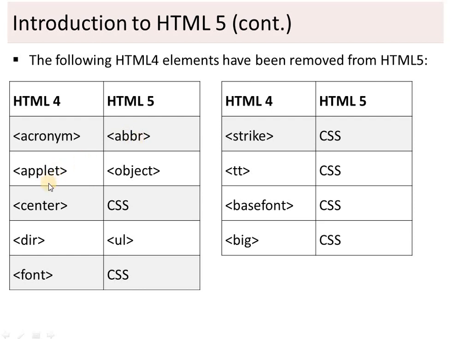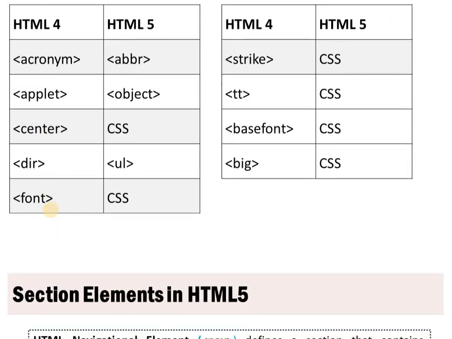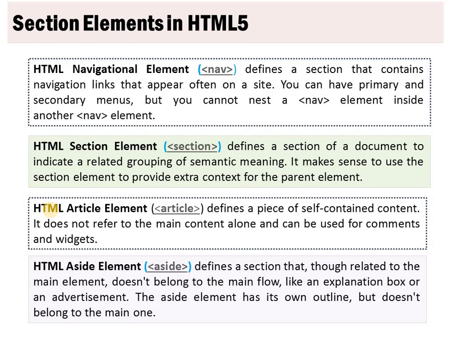And the center tag, which is used to place your content in the center, is now removed in HTML5, and if you want to position your text in the center, you can do it using CSS. After that, as I already said in the previous session, the font tag is also removed. So this is HTML5.